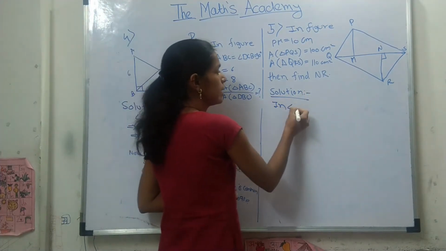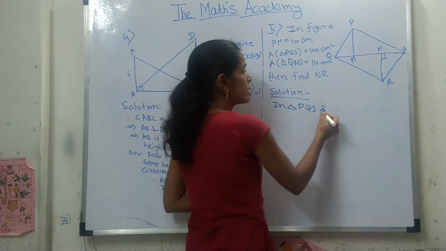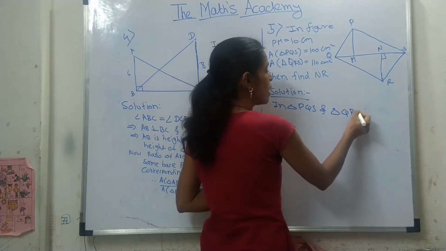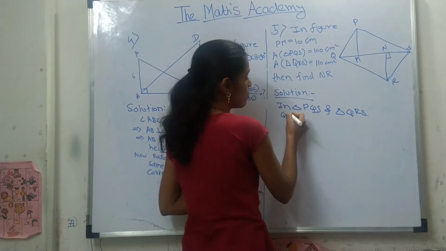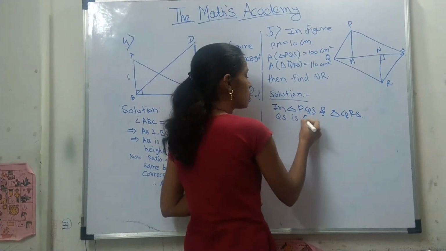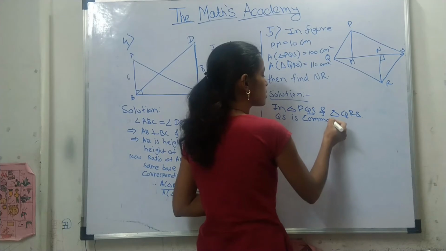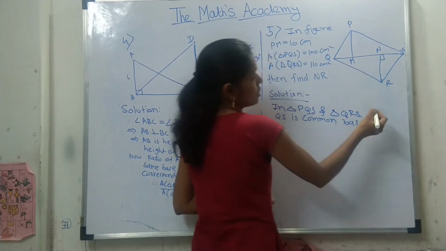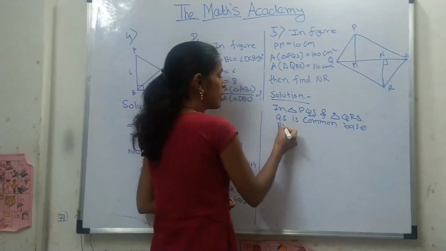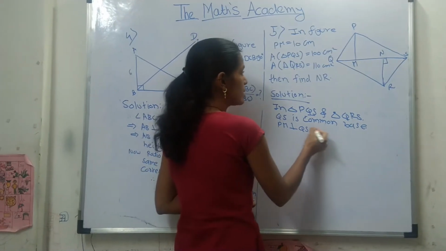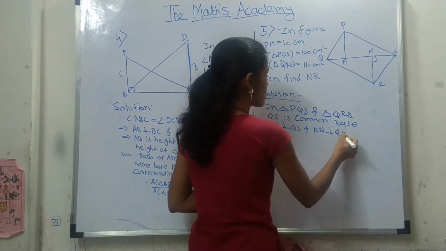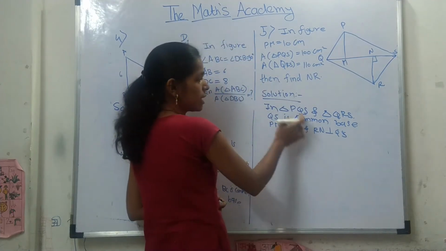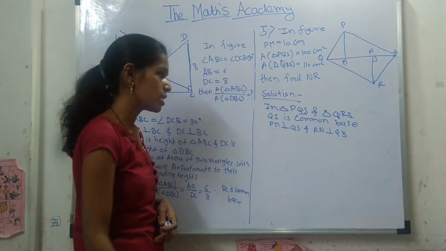So in triangle PQS and triangle QRS, QS is common base. And PM perpendicular to QS and RN perpendicular to QS. Therefore, PM and RN are the heights of the triangle PQS and QRS respectively.